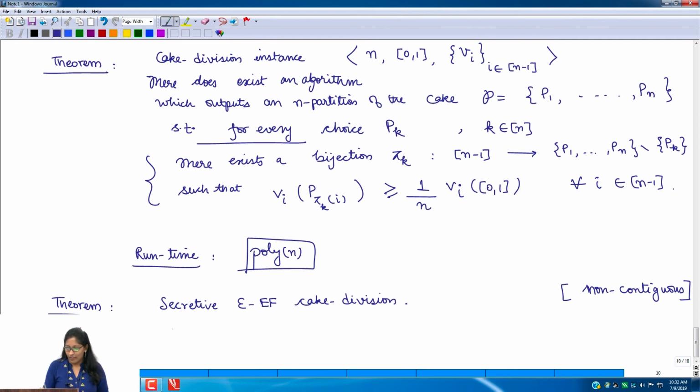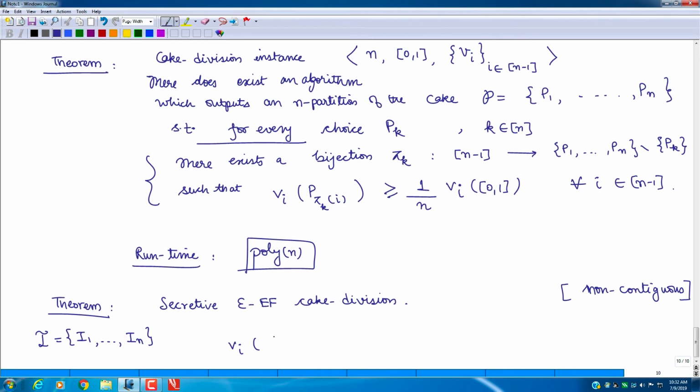But in that setting, at the end what you get is P. So this allocation now can be a non-contiguous division.